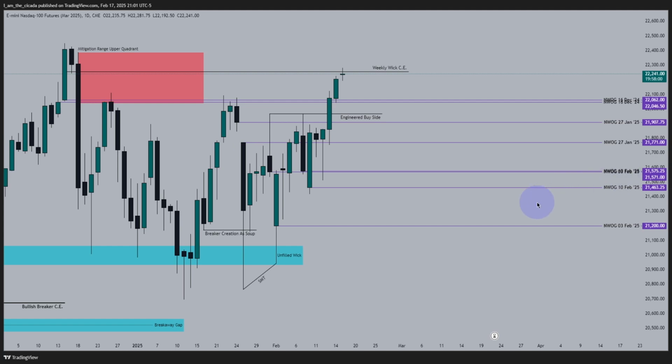So moving back into what happened after the breaker creation, which was failed and treated as a swoop, the events after that are very important as they display a smaller scenario happening in a bigger scenario. You'll understand what I mean.